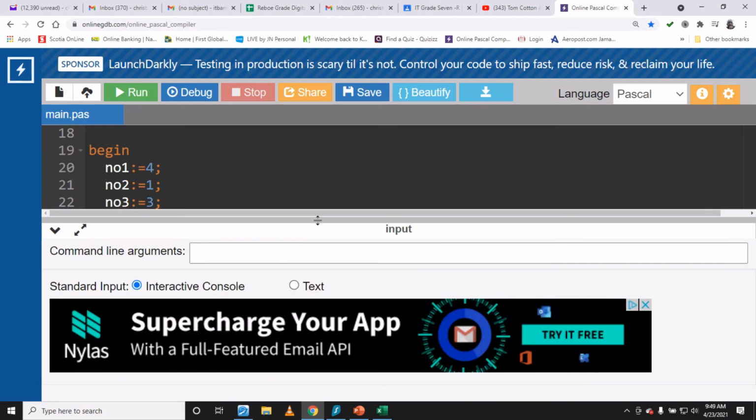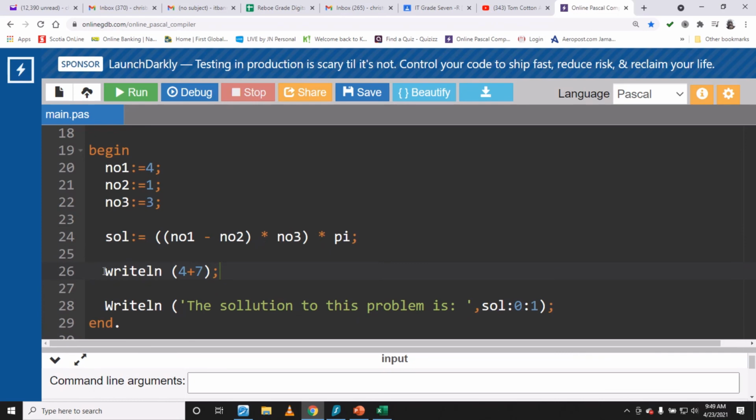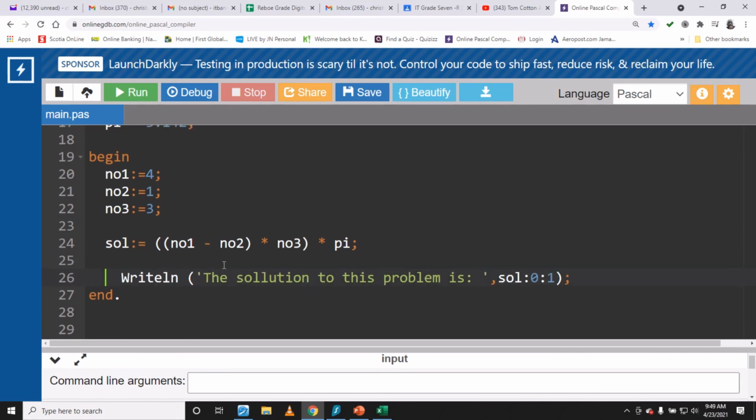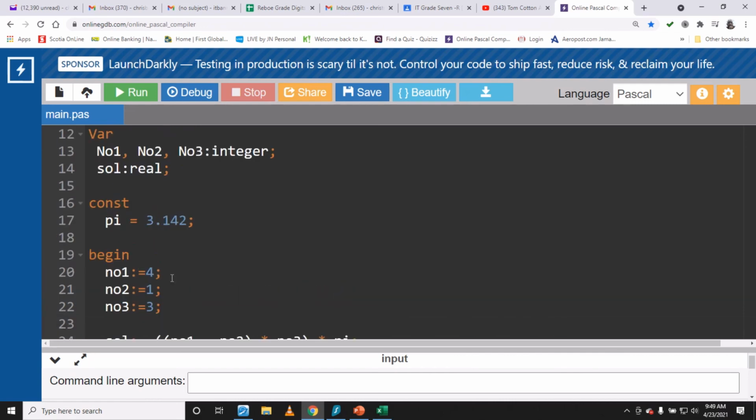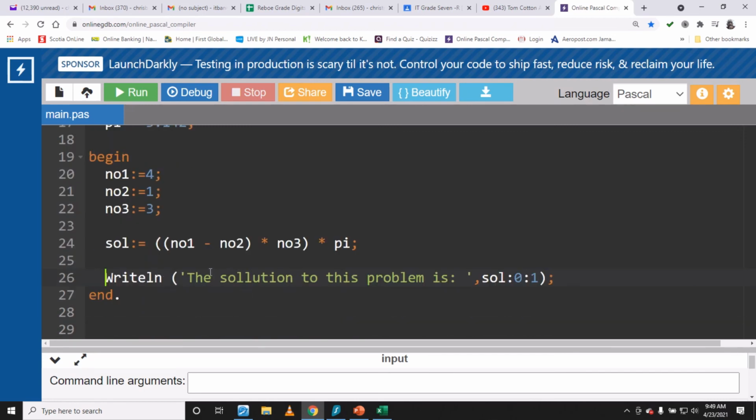I'm not into doing this for order of operations, because as budding programmers, as persons learning to code, you need to get comfortable with using variables, and as a result making sure you properly declare the data types and knowing when to change a data type from real to integer. That's the main problem, and vice versa. So those are things I want you to remember. That is why we're doing it this way.